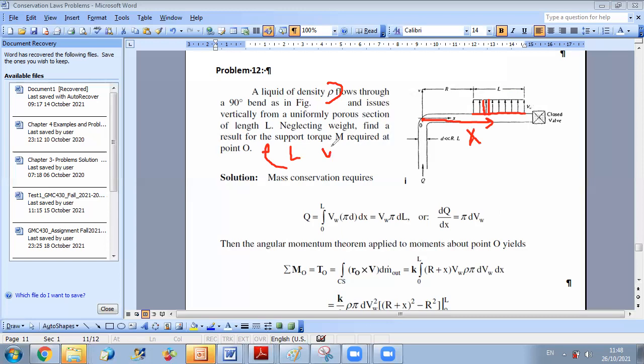Okay, so if I want to compute my total flow rate, I should perform an integral procedure over my porous section, because this flow is over the whole circumference, since you have a porous section that is turning 360 degrees.